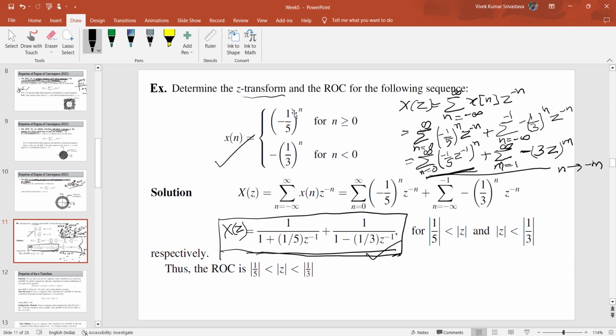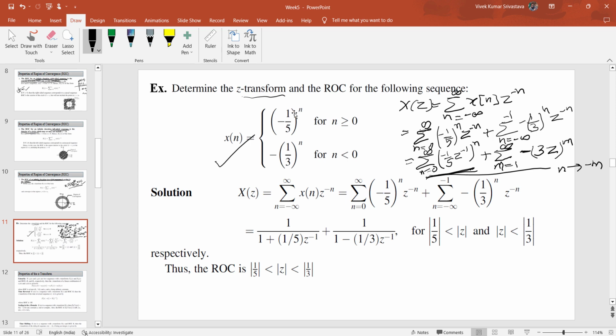Yeah, so for evaluating the ROC, we can see here that this X of z is taking two terms into consideration: the first one is this one, whereas the second one is this one. From here we can see that the first summation corresponds to the right sided sequence, whereas the second expression corresponds to the left sided.